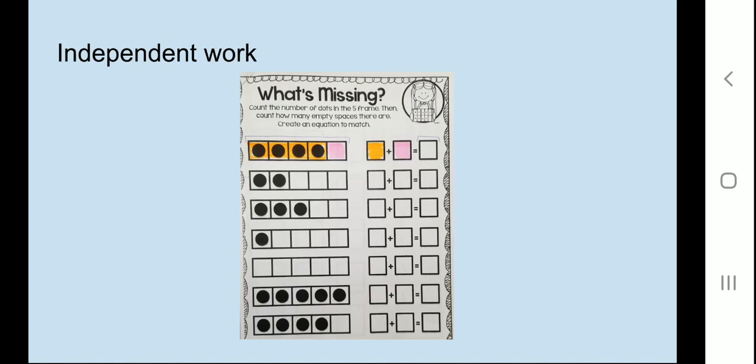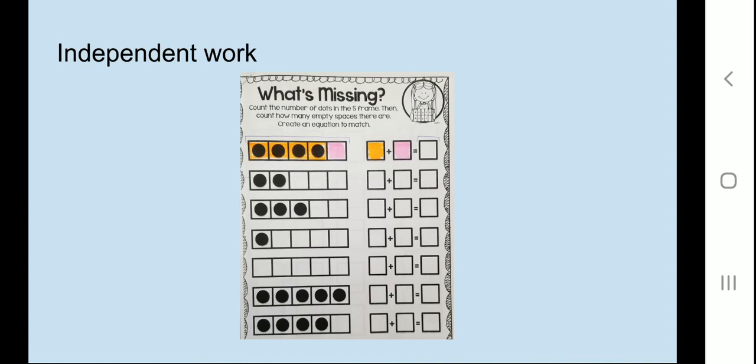On the first one, for example, I colored in the boxes with the counters orange, and I colored in the blank box pink. How many counters are in the 5 frame? You put that number in the first box. That is also orange.